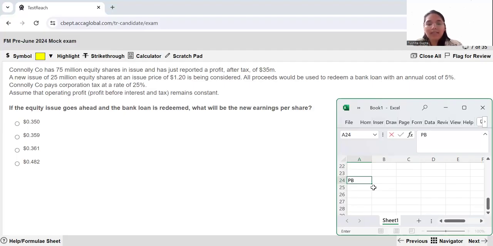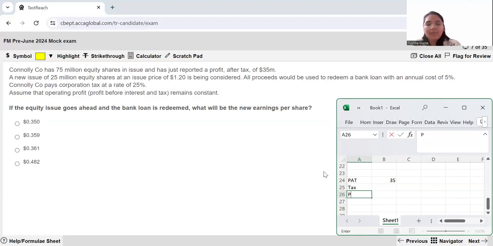So the profit after tax is given to you as $35 million. Now this is after they have subtracted the tax and after they have subtracted the interest also. So firstly, I need to find out how much was the tax.